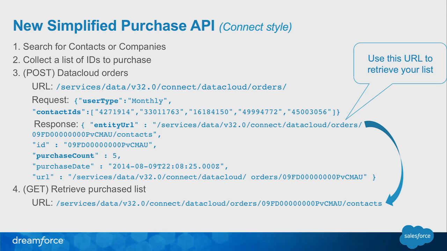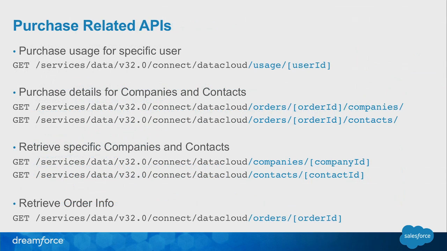This will probably be the same case with the Lightning connectors. So what we've done with this process of wrapping this up with the Connect style APIs makes it much simpler. We're doing all the transaction work underneath, so you're not going to have to worry about the issues that we had before with the purchase API. How many have used a purchase API or process before? All right, you guys are good.